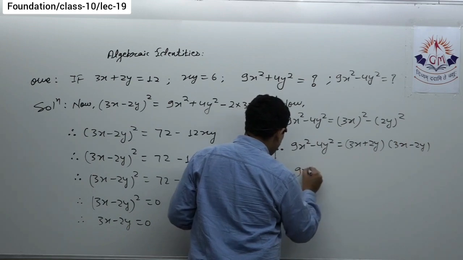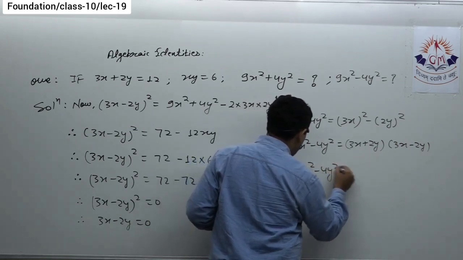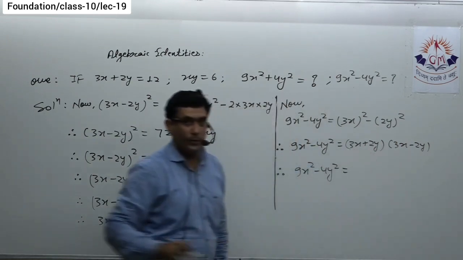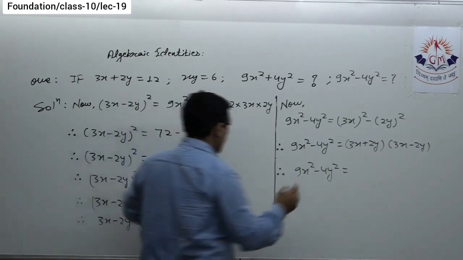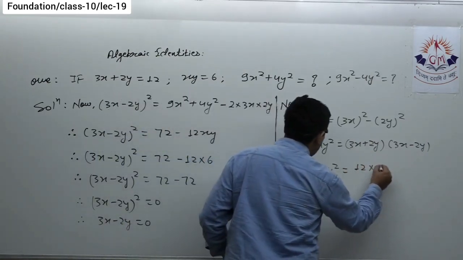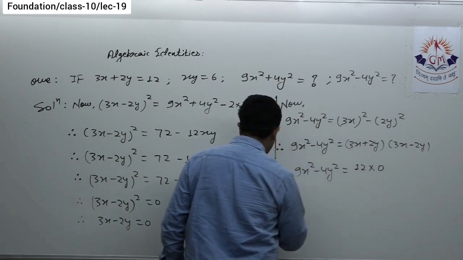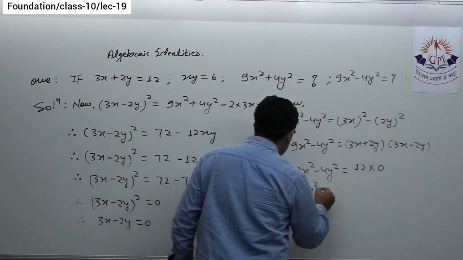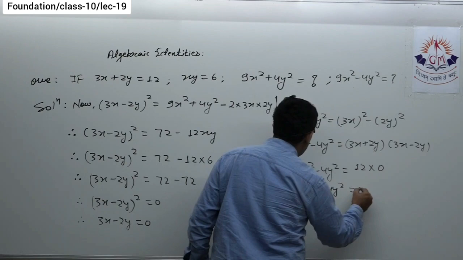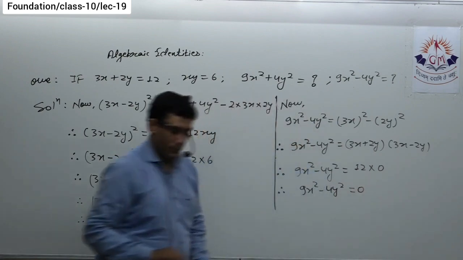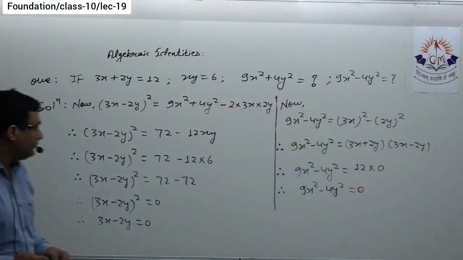Now the value of 3x plus 2y is 12 and the value of 3x minus 2y is 0. So here I can say 9x square minus 4y square is equal to 0. Okay, so please note it down.